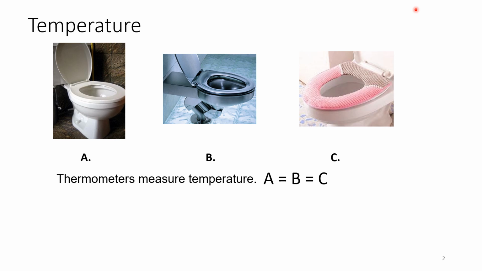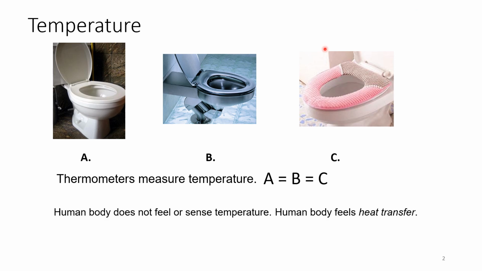Our feeling has a reason, and the reason is the human body is not a thermometer, and it does not feel or sense temperature. What it really feels is the flow of heat, or the heat transfer.